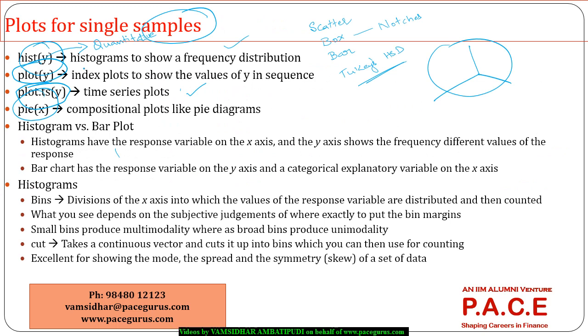Then, looking at the histogram versus the bar plot. Earlier we looked at the bar plot where we had two variables, whereas in the histogram we are talking of one variable itself.